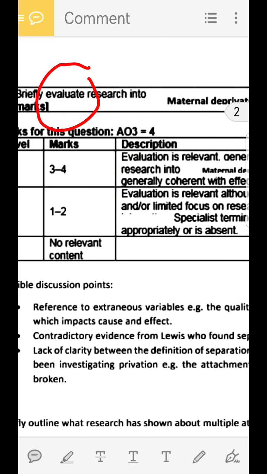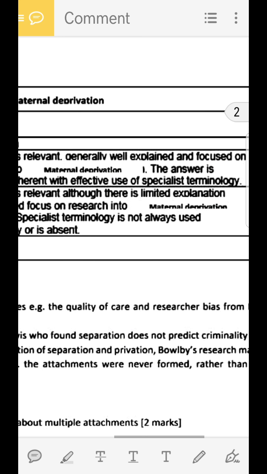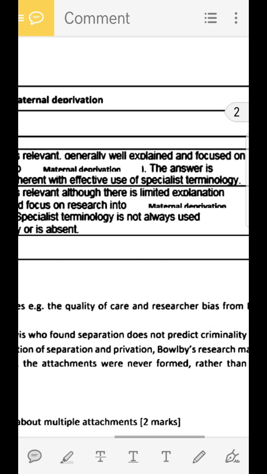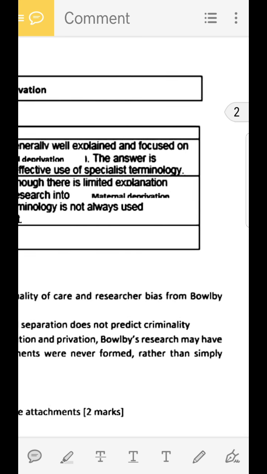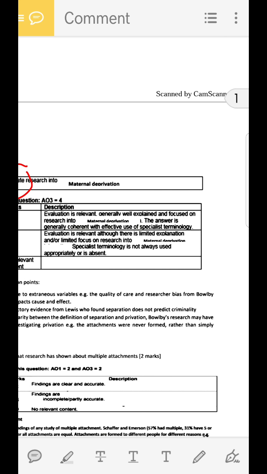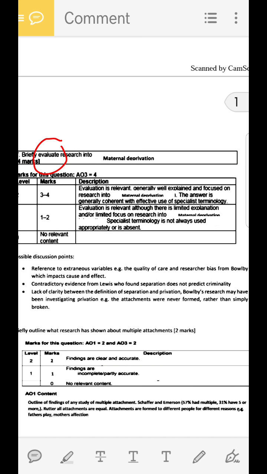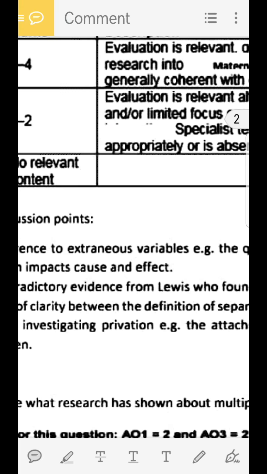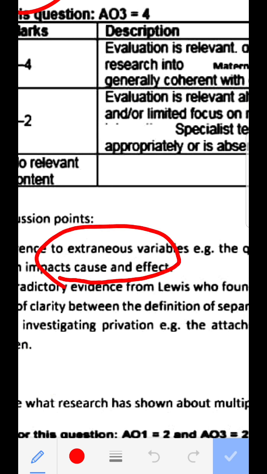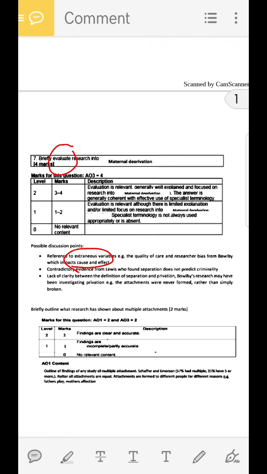They'd made reference to extraneous variables. They'd referred to researcher bias. A lot of you were mentioning the idea that World War II was going on at the same time as that piece of research, which means you can't establish cause and effect between maternal deprivation and affectionless psychopathy.